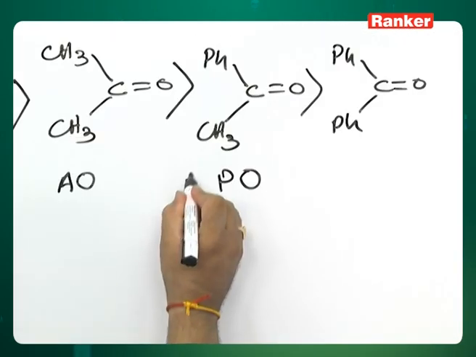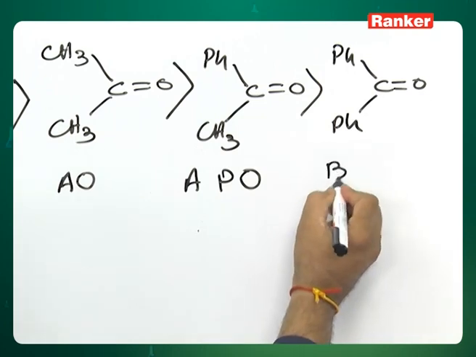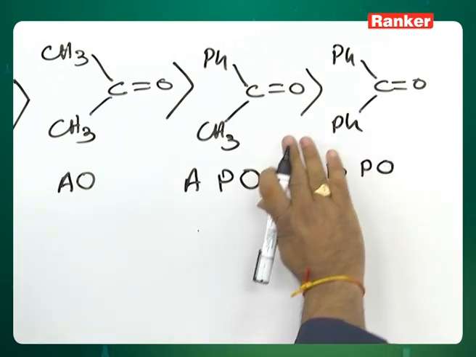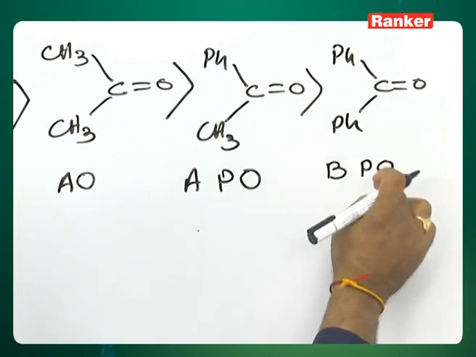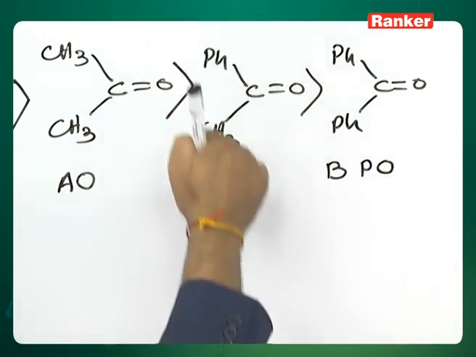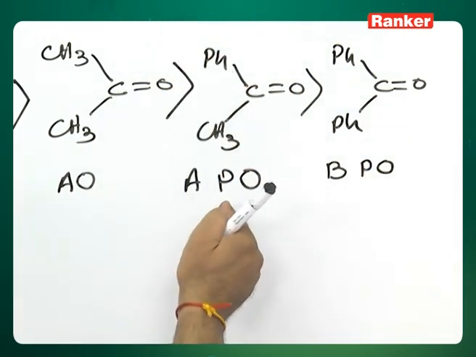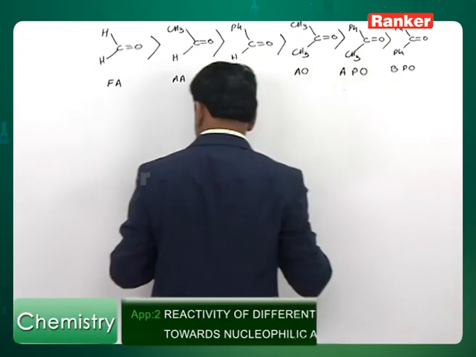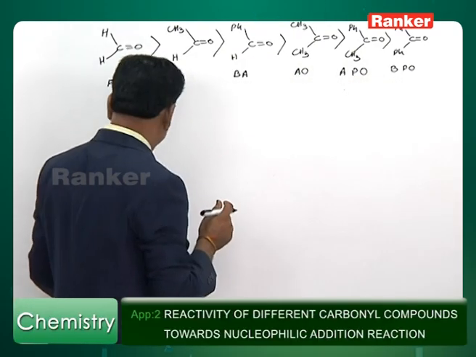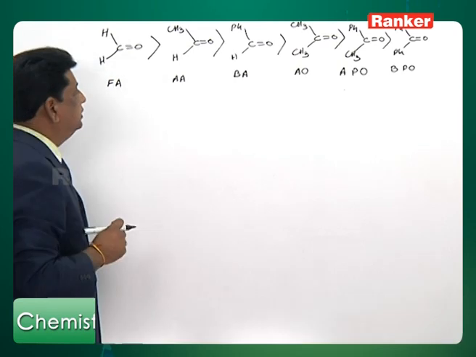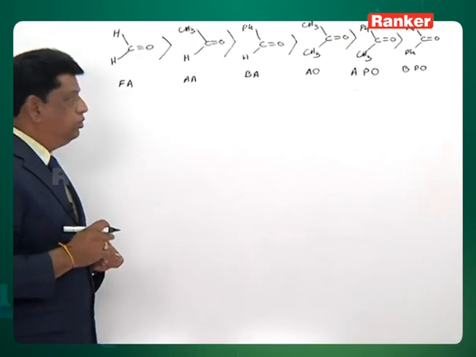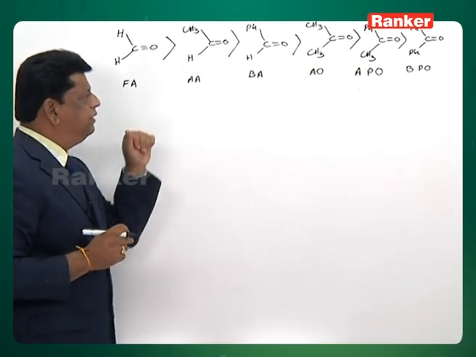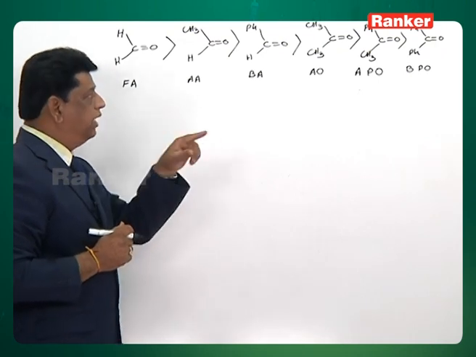This is acetophenone, benzophenone. This part is benzo, another phenyl, benzo. This is aceto with phenyl, acetophenone, benzophenone. So, there are three ketones and three aldehydes. So, you can generalize that all aldehydes are more reactive than ketones.